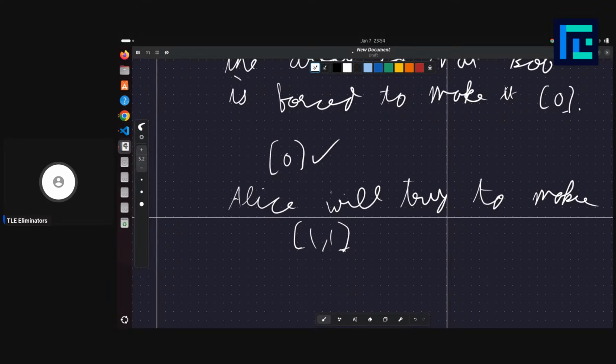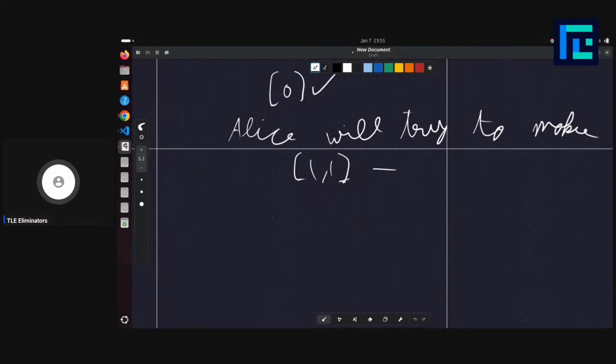If the initial array is such that Alice can make 1 1, then Alice will do that, and then Bob will have to convert it to 0, and then Alice will win. Because for 1 1, there is no other move that Bob can do. He has only one option, to make it 0. So Alice will win.